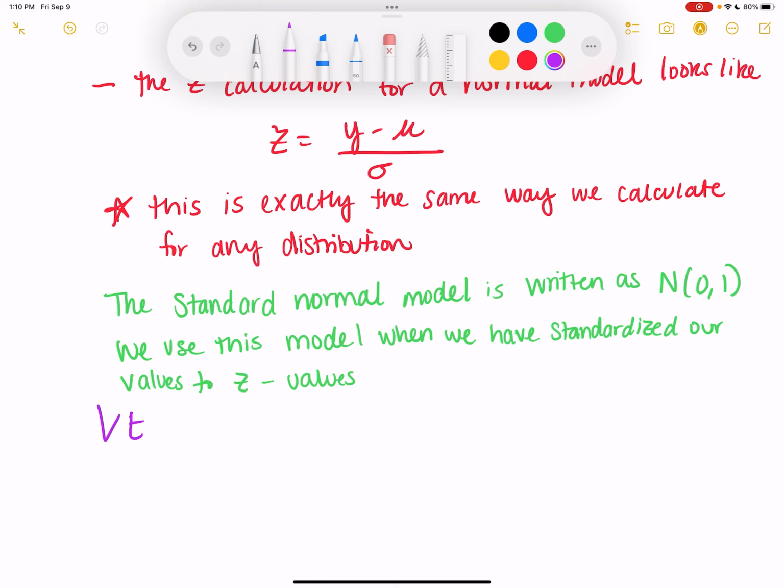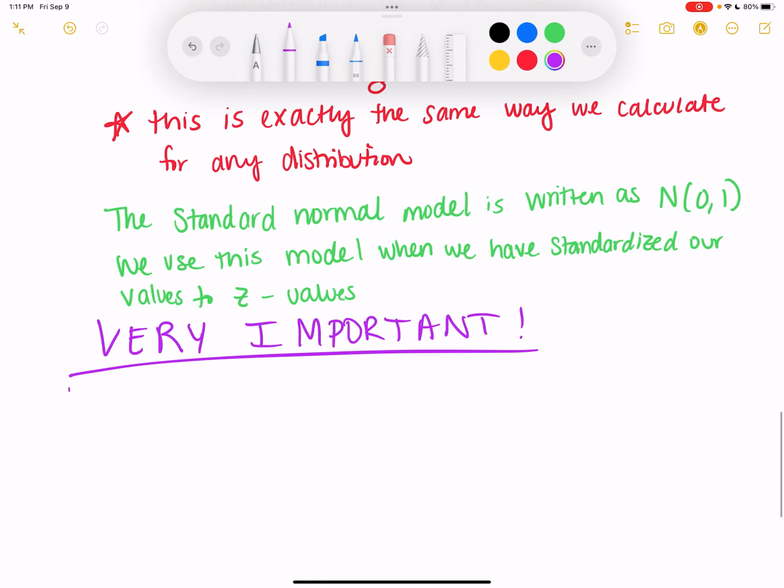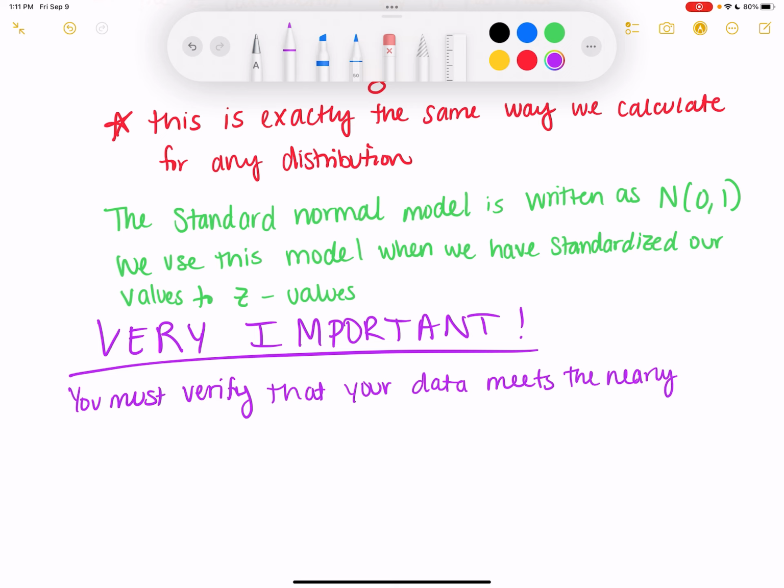All right, this next thing is very important. You must verify that your data meets the nearly normal conditions before you use normal models.